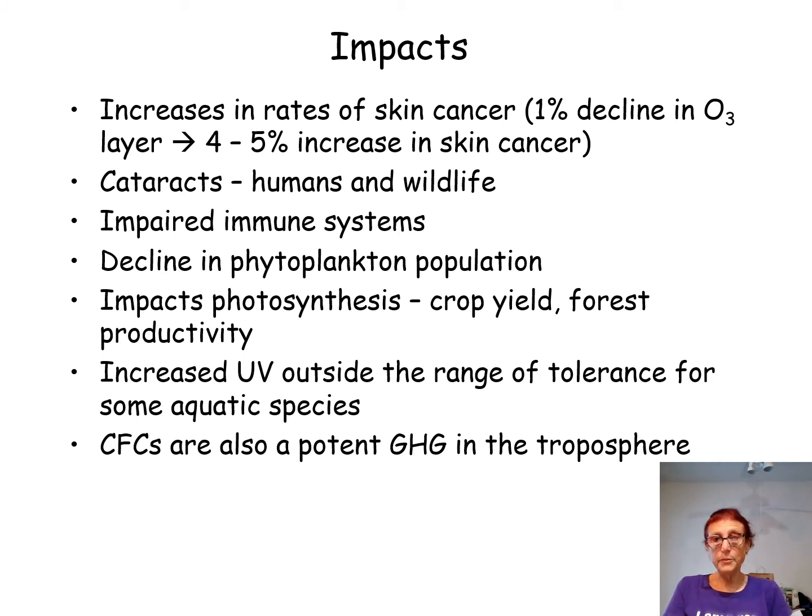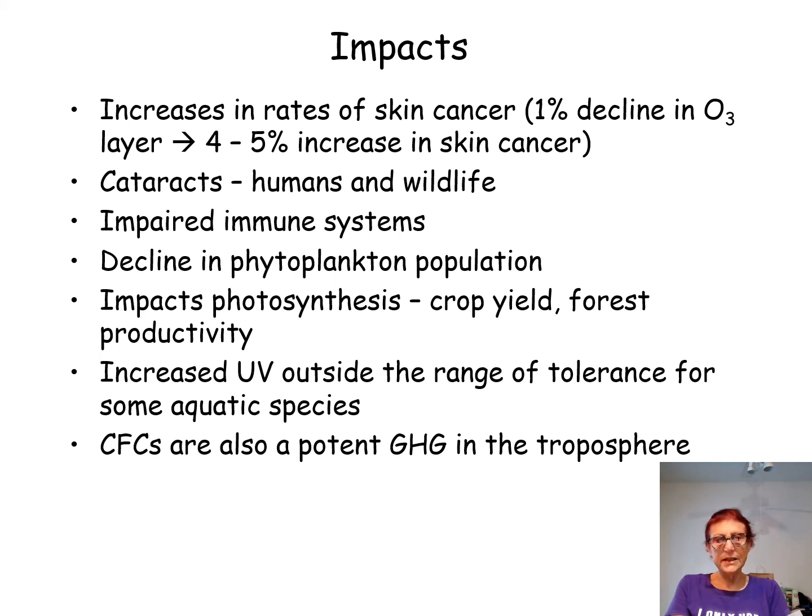It impacts crop yields because it impacts photosynthesis, forest productivity. And when you think about it, the increased ultraviolet light reaching those regions, especially in the Arctic and the Antarctic, may be outside of the range of tolerance for some aquatic species. Remember that it was the formation of stratospheric ozone, oxygen and then stratospheric ozone, that really allowed life to make that big jump from the oceans onto the land surface.